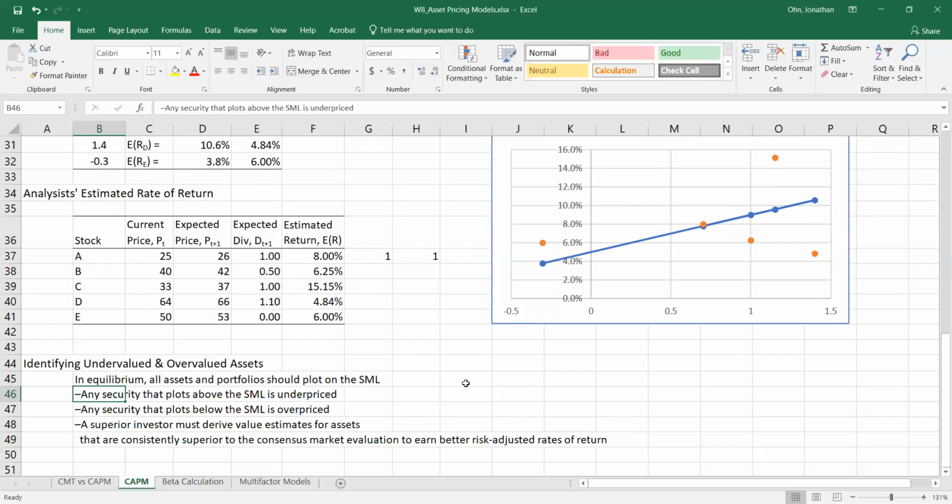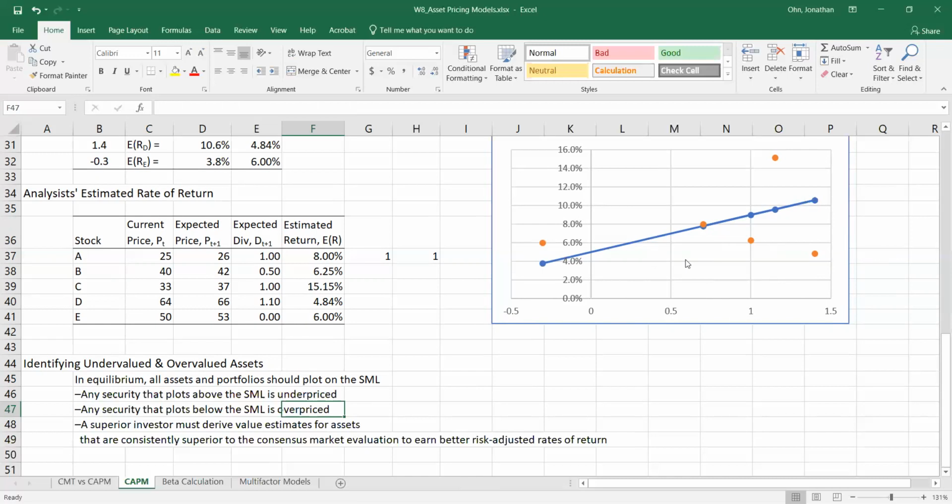Underpriced is the target for investment. If it is located below the SML, it is not a good investment because it is overpriced. Any stock that is on the line is not overpriced and not underpriced.